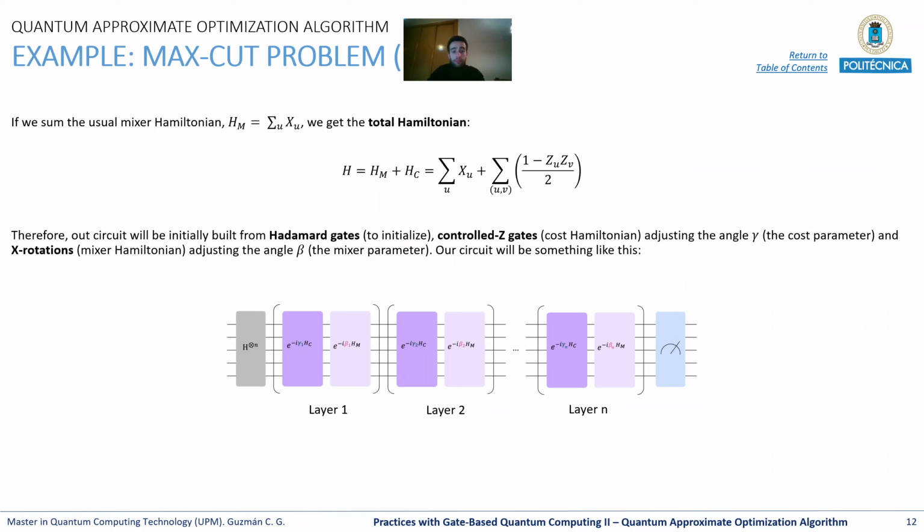If we did infinite layers, we would have the continuous evolution. We would go to the best solution, but this is not the case. We are layerizing it, so we have n layers. We can define them, and then afterwards we will measure everything.